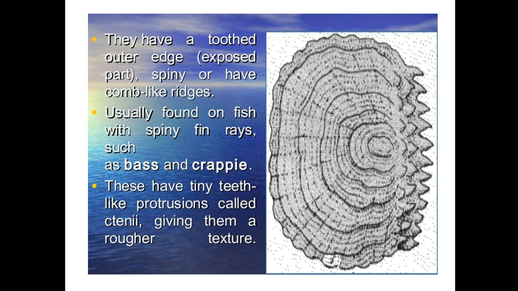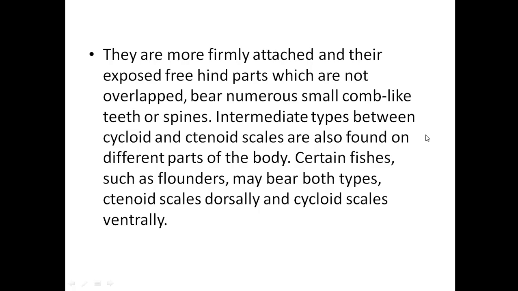Usually they are found on fishes with spiny fin rays, in basses, crappies. Here you can see the saw-like edges, teeth-like protrusions, known as ctenii, and that gives them a very rough structure.